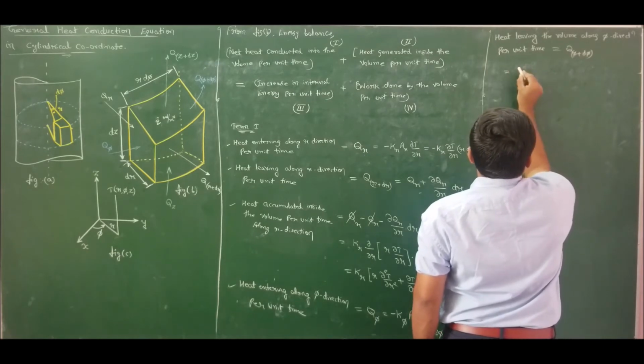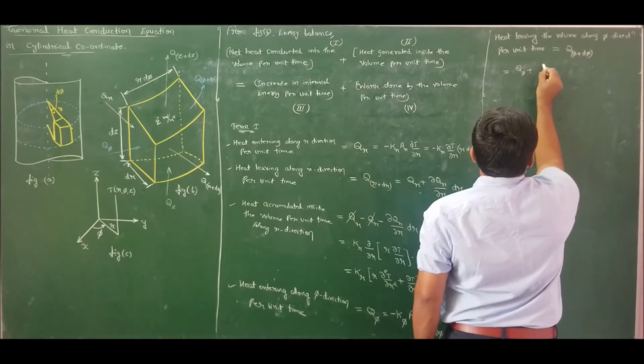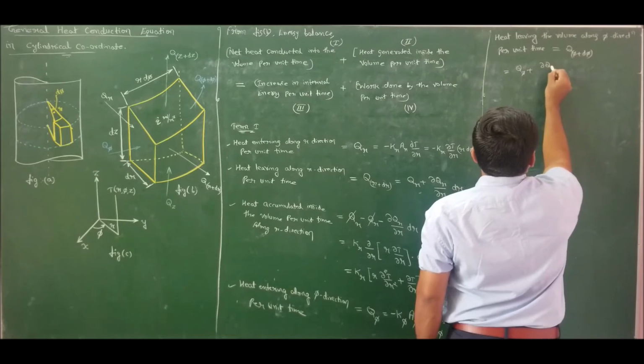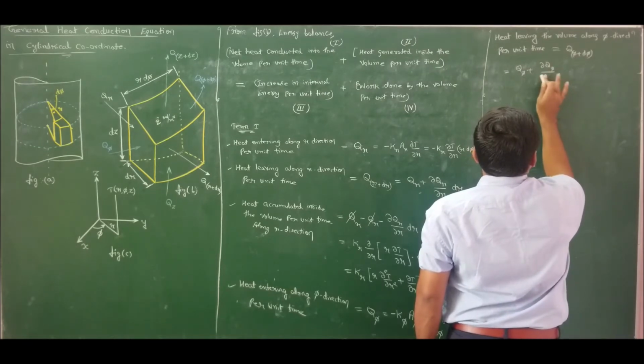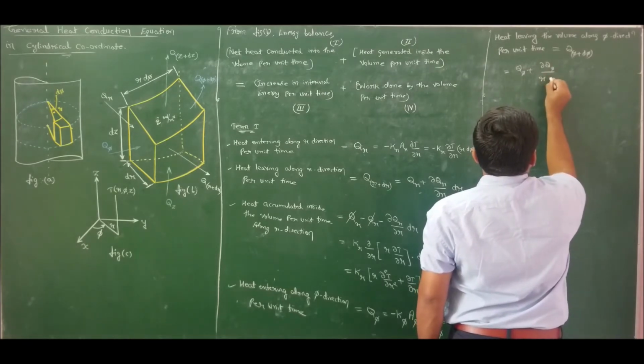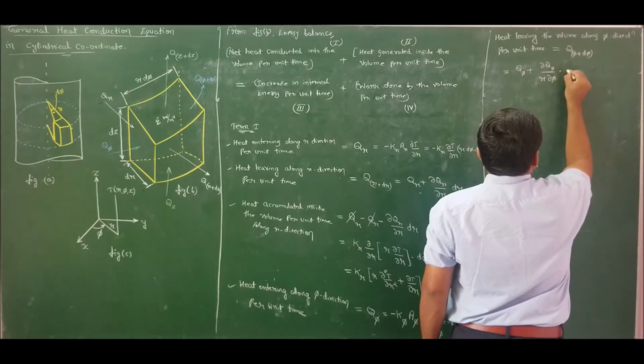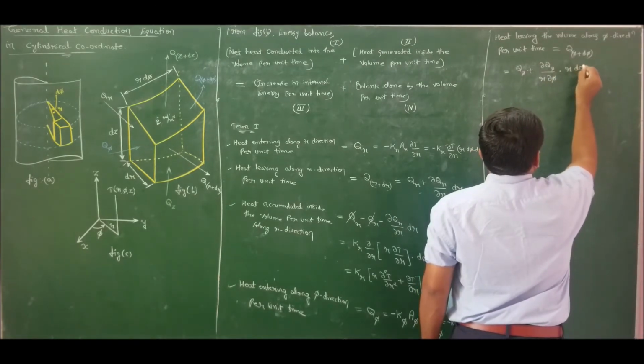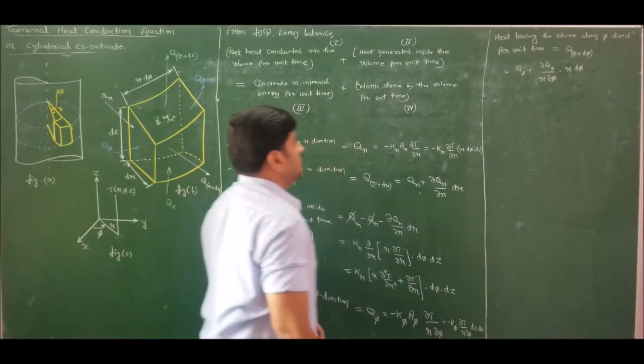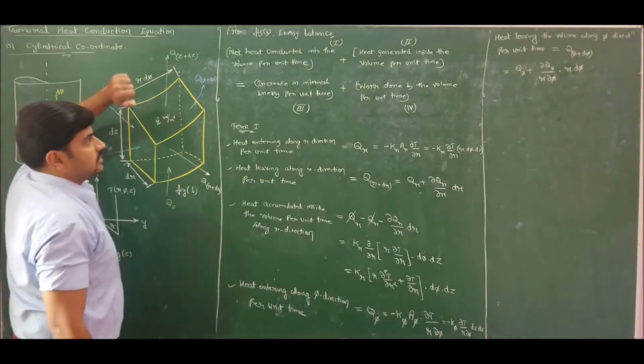So which can be written as q phi plus dou q phi by, length is r dou phi, into r d phi. So the length is r d phi.